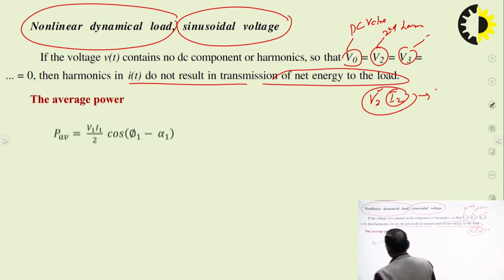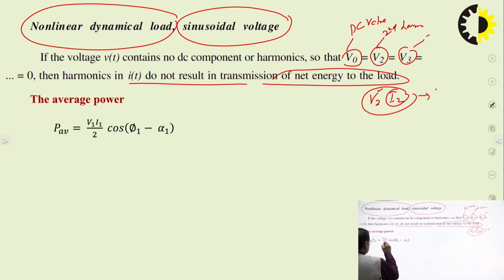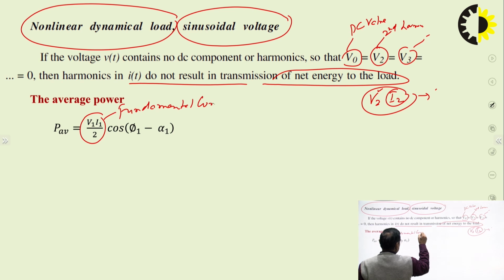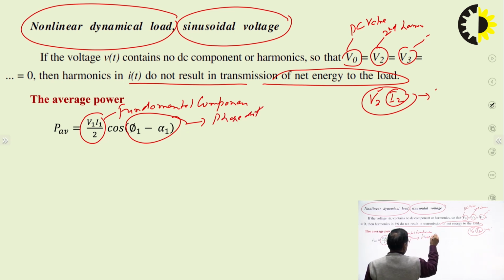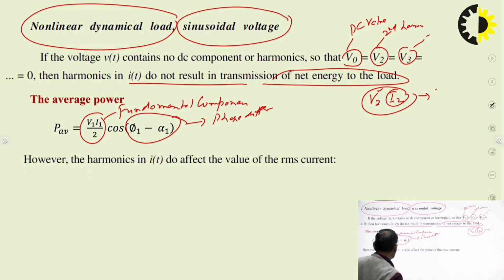So in this case the average power is V1 I1 cos of the phase difference between the current and voltage, where these are the fundamental components.